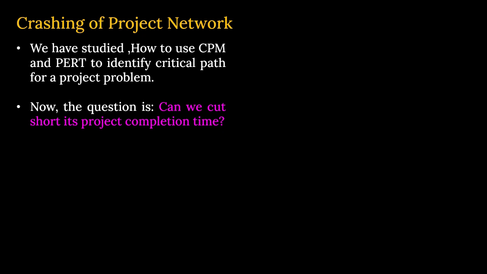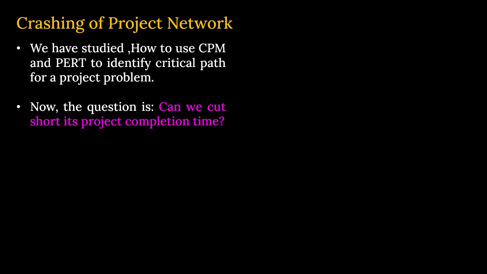Through the earlier sessions, we have come to know how to find out the project duration by considering all the activities, and the earliest start time, earliest finish time, latest start time, latest finish time, everything we discussed earlier. Now the question comes: can we cut short the project completion time?